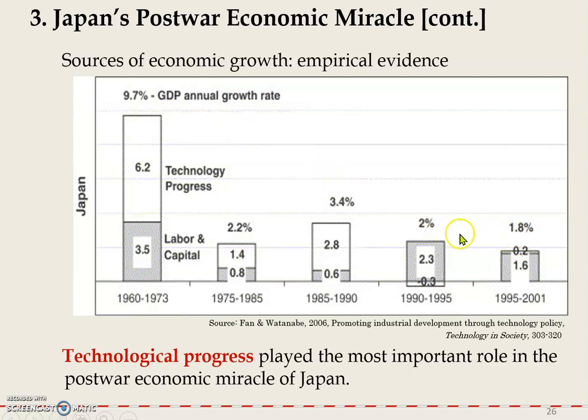Okay? And during this slowdown process, we find that the technological progress also slowed down. If you look at it from 1990 to 1995, you find that the technological progress actually contributed minus 0.3 percentage points. In other words, it did not make any positive contribution.